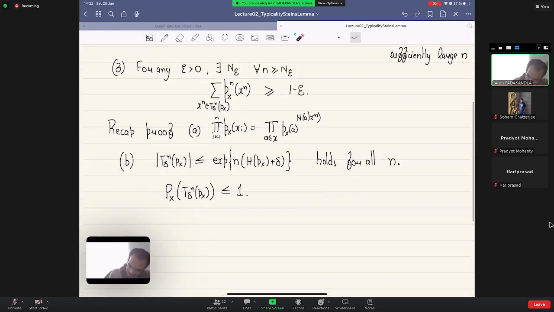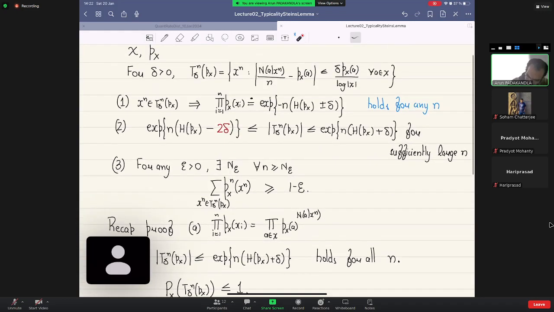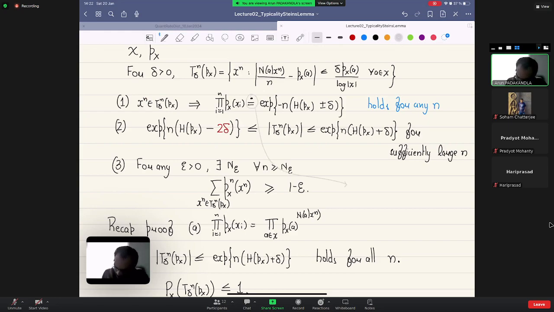Hang on, what is the dot equal to sign? Yeah, dot equal to, I'm trying to say this, write this in gray. The exponent is growing that way. That's really what I'm saying. So what I'm trying to say is that 1 by n log of Pxn of xn is growing as h of Px, essentially, plus or minus delta.